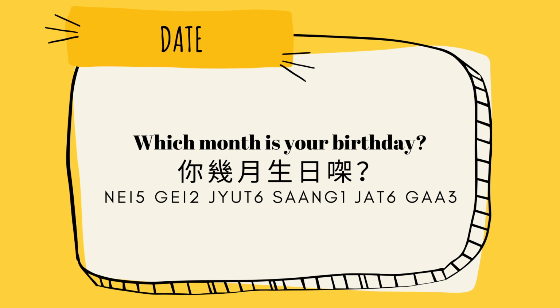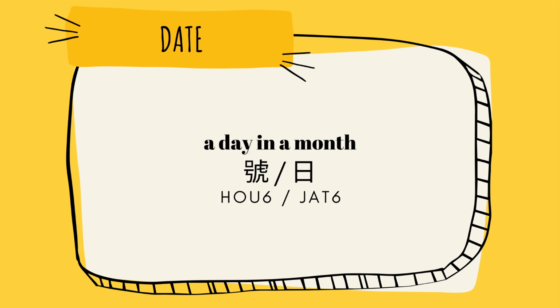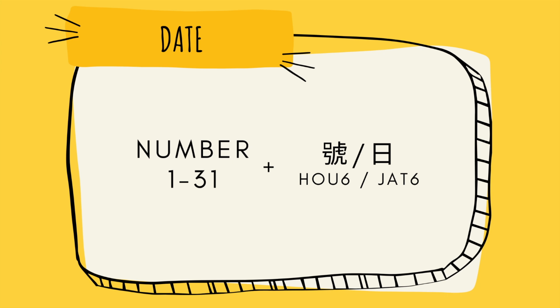When referring to a date in a month, either 號 or 日 is used as an indicator and placed after the appropriate number, which is from 1st to 31st. You can use either one, but 號 is often used in spoken language.